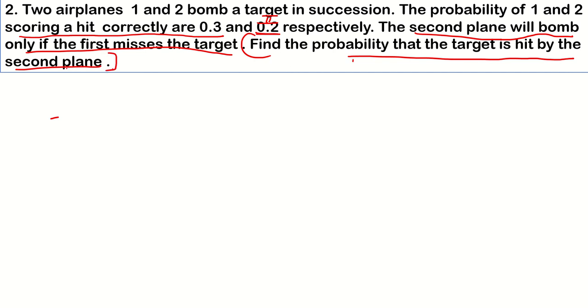So when will the target be hit by the second plane? When the first has missed the target. Remember this. So let us start. Let E be the event of aeroplane 1 hitting the target.